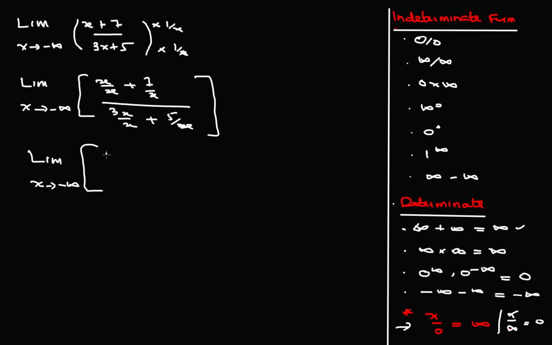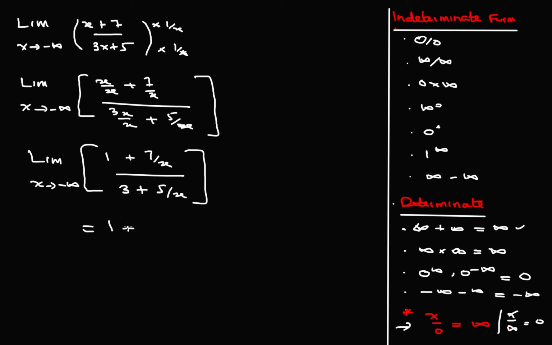So this one will give us 1 plus 7 over x. And this one here will give us 3 plus 5 over x. Now if we replace with negative infinity, we are going to get 0. So we can now replace the values.